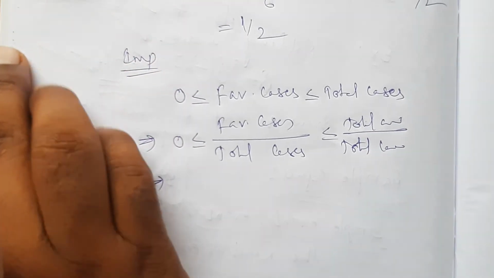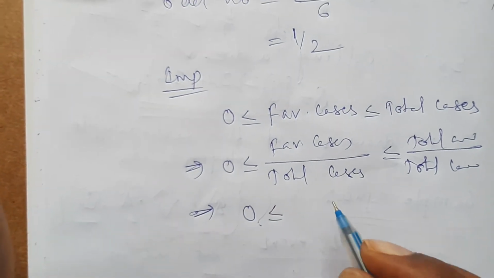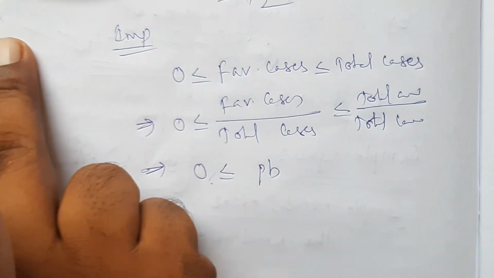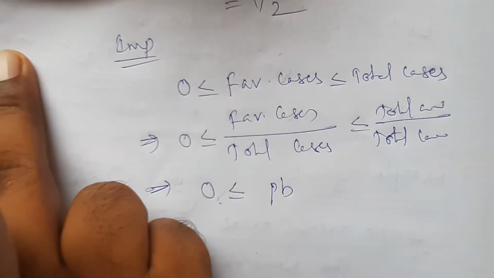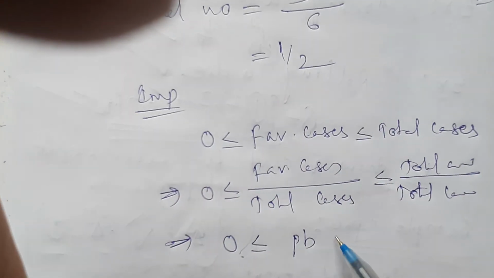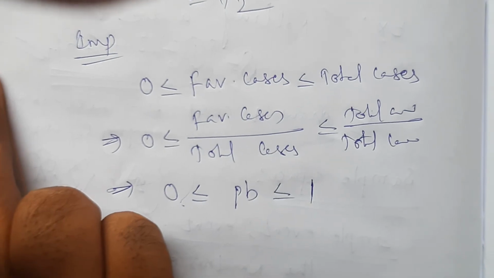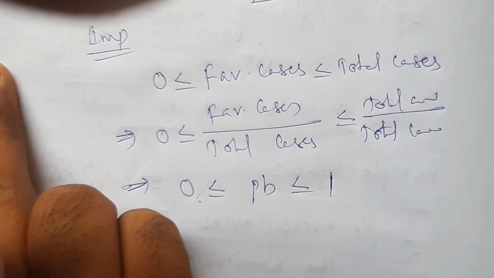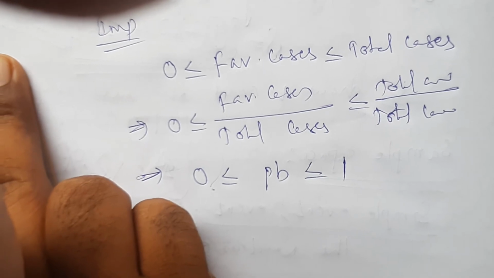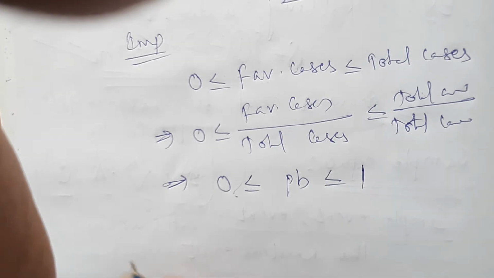If I divide with the total cases, what can I get? 0 less than or equal to, this is the probability of any event. What is the formula we gave for probability? Probability means favorable cases by total cases. So probability is always less than or equal to 1, since the last value is total cases by total cases. This is a very important point: 0 less than or equal to probability, less than or equal to 1.